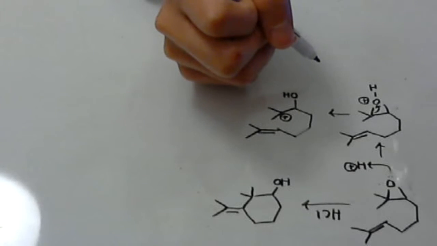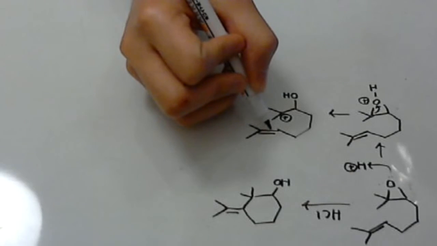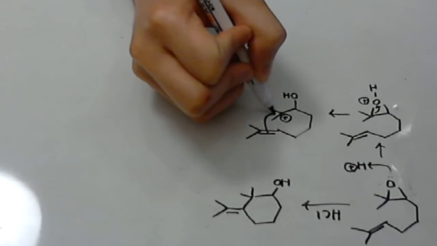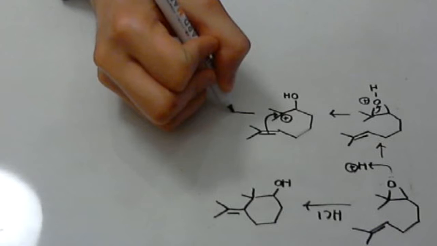So we need another source of electrons, and the other source of electrons is this double bond right here. So what actually is going to happen is this double bond will come down and attack that carbon and form another carbocation.